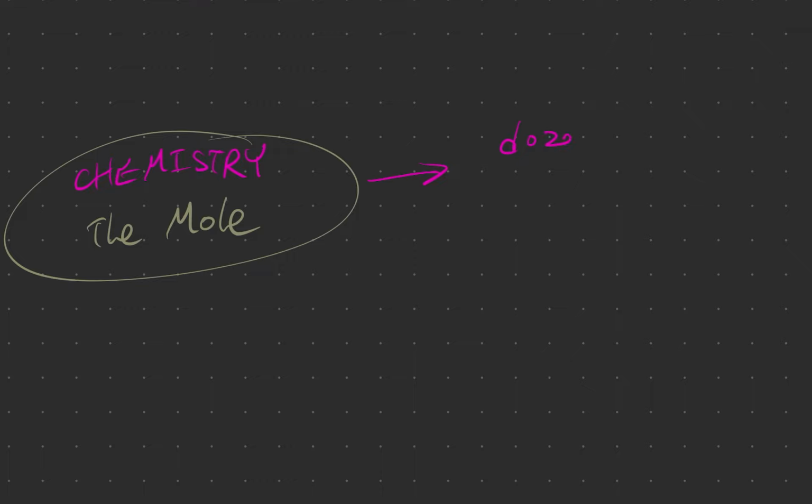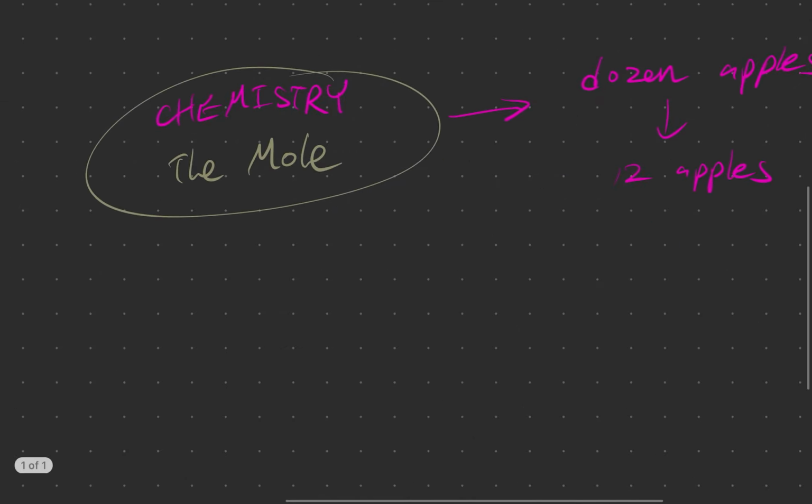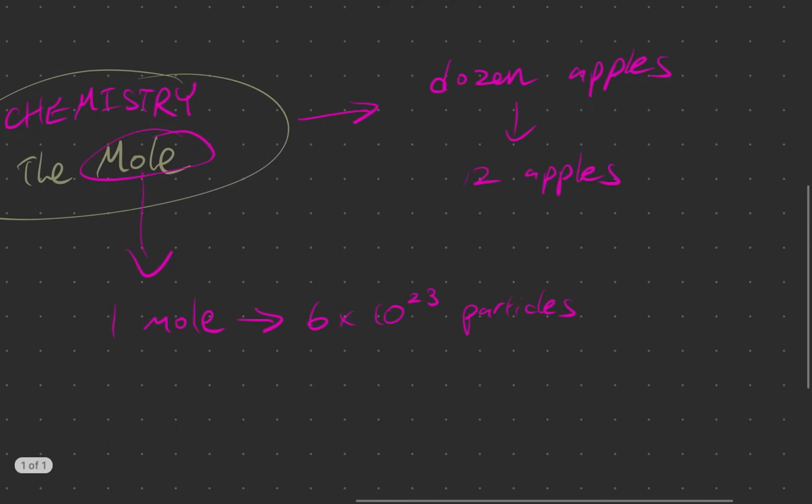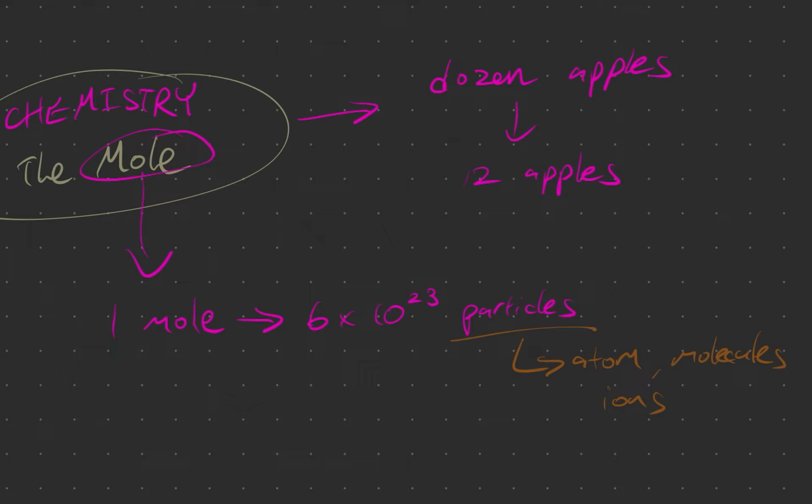So let's say I have a dozen apples. From this we know that we have 12 apples. So it's the same for the mole. When I have 1 mole, I will have 6 times 10 to the power of 23 particles. And these particles can be atoms, molecules, even ions.